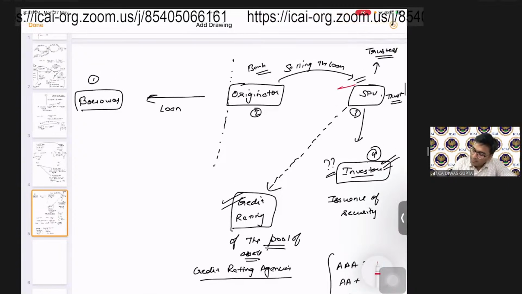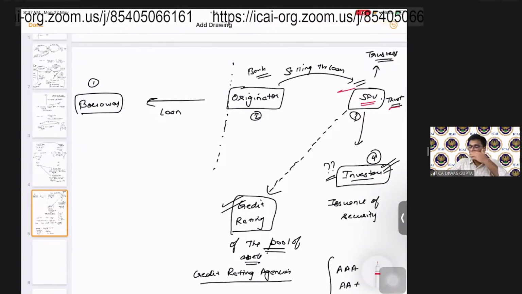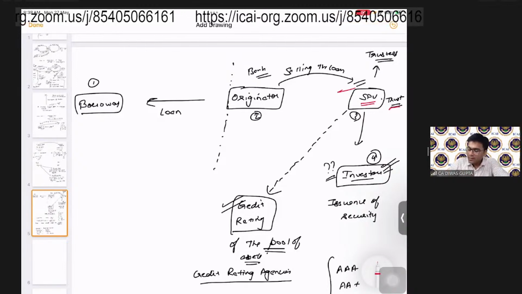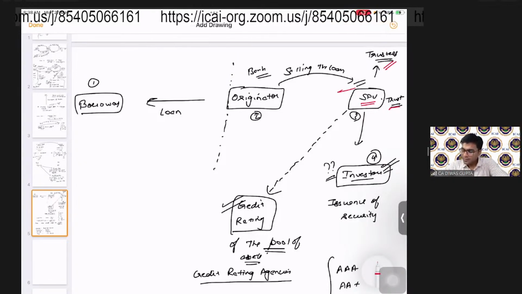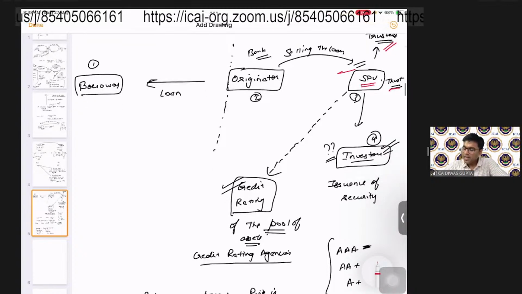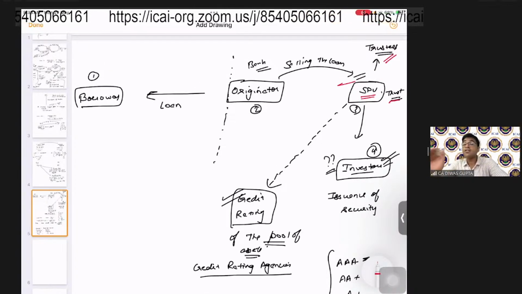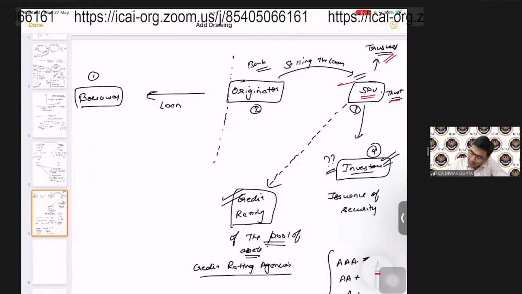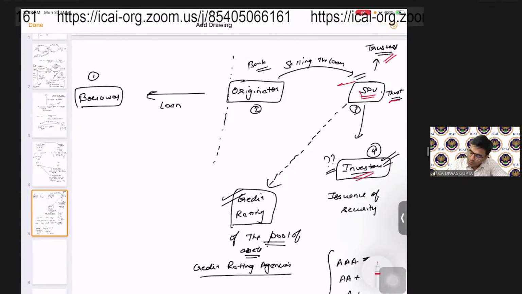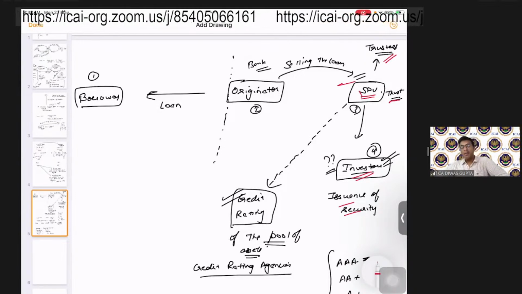Okay, the moment it happens, as I told you, the SPV is mostly enacted in the form of a trust. If there is a trust, there will be trustees. Why is it in the form of a trust? Because it is holding money on behalf of investors to invest, right? And then these investors will invest in this trust, wherein they will be issued some securities.